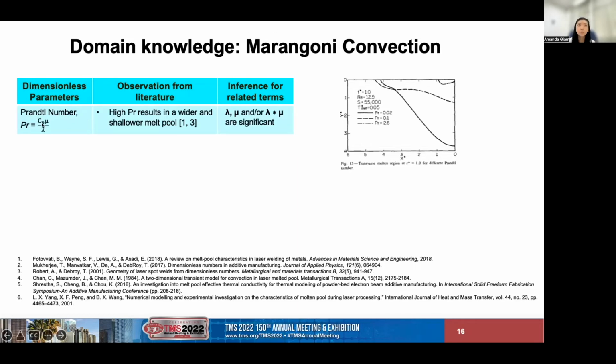And since Cp, which represents specific heat, is a constant, we know that any variability of the Prandtl number comes from the input variables of interest, either the thermal conductivity or the viscosity.